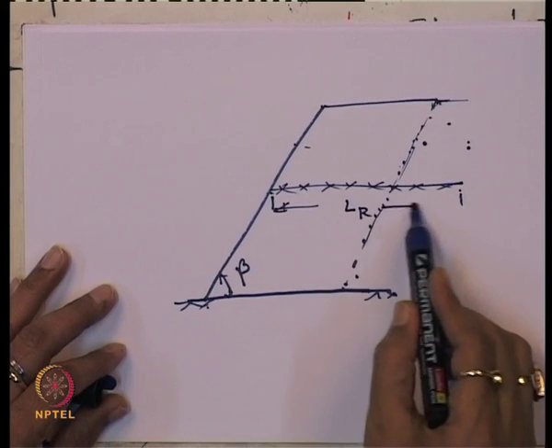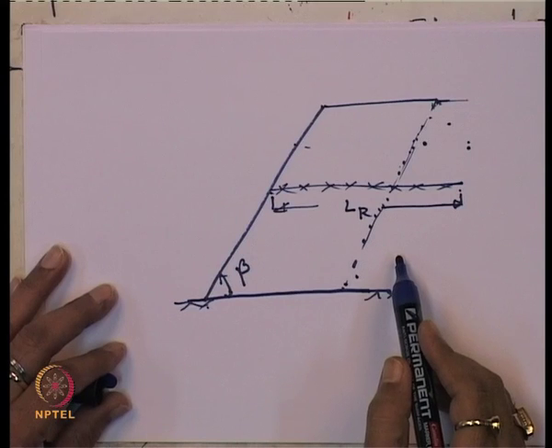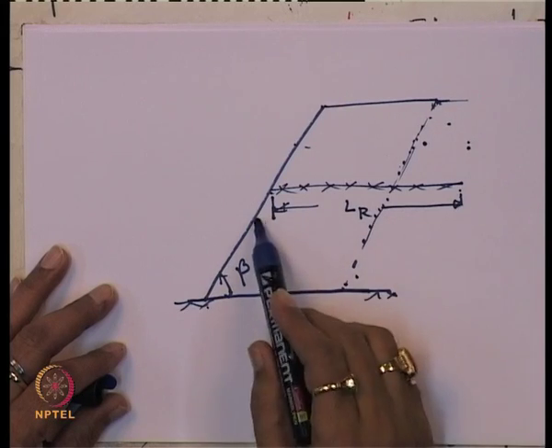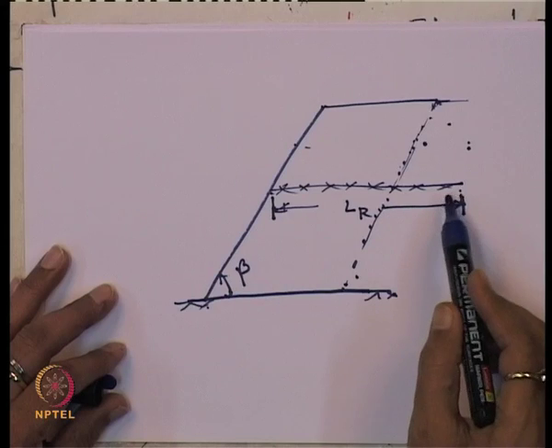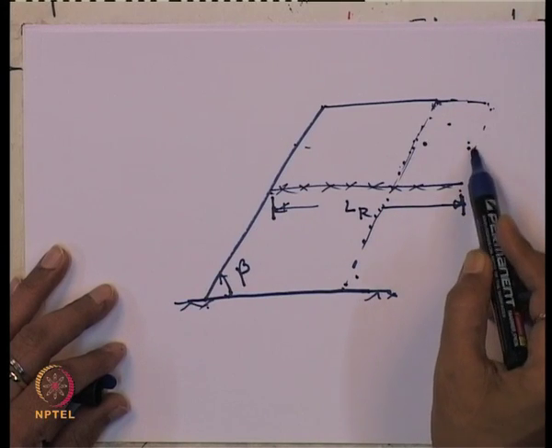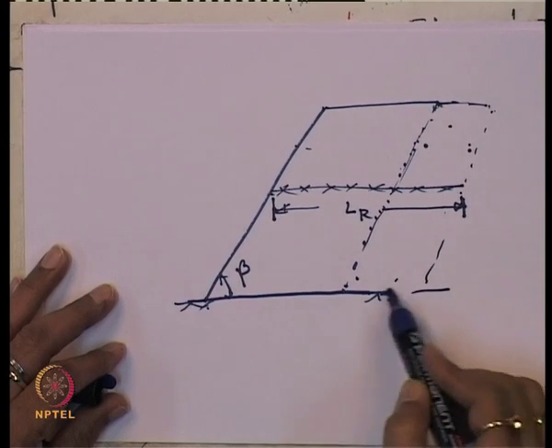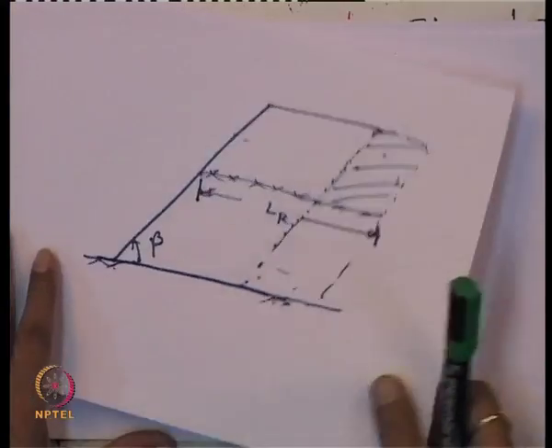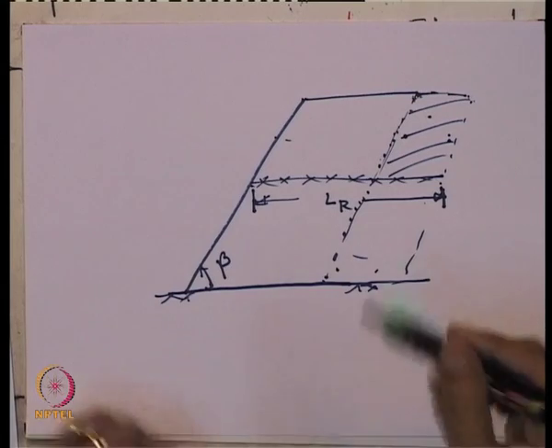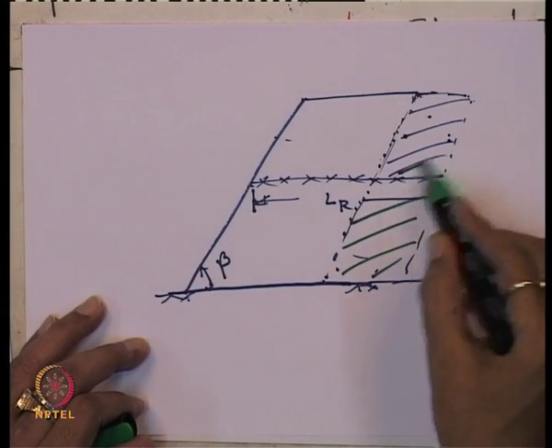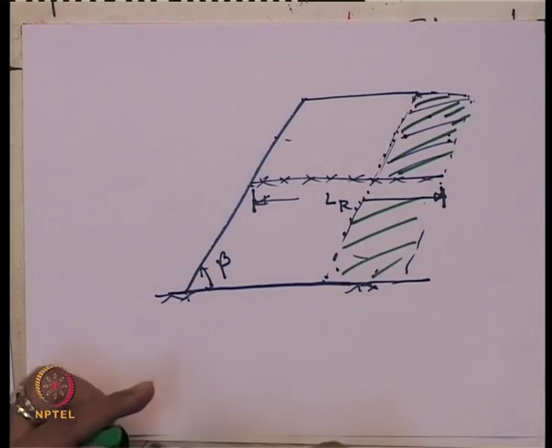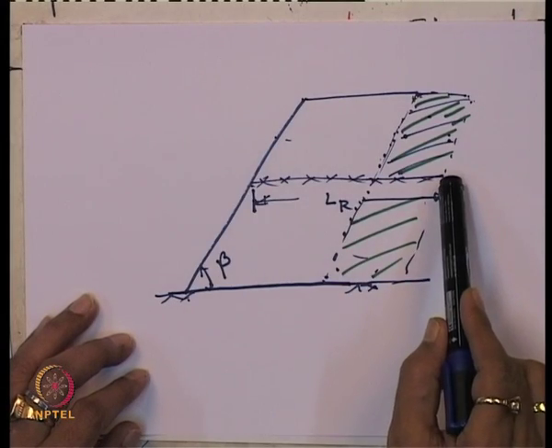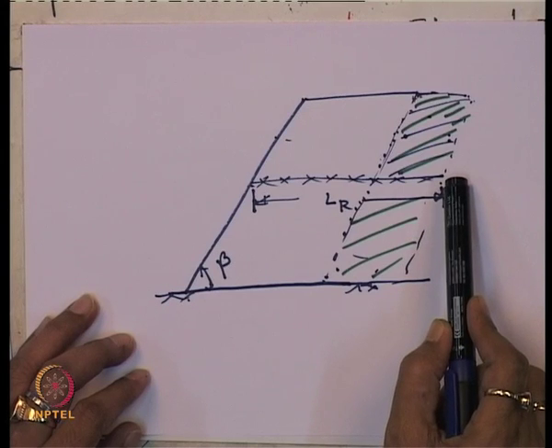So if the length of the geogrid is here to here, and if we want to place the reinforcement up to this length, it is required to excavate this entire portion of the soil, and then you can place this length of the geogrid up to this portion.